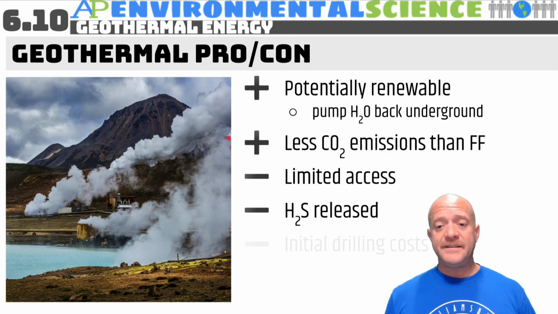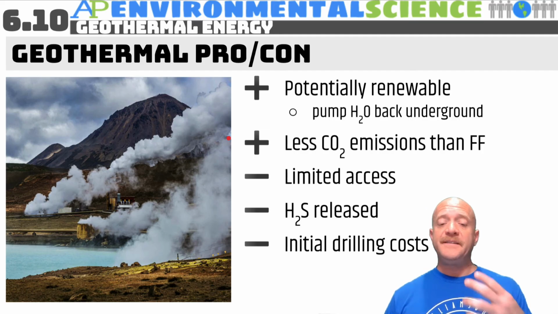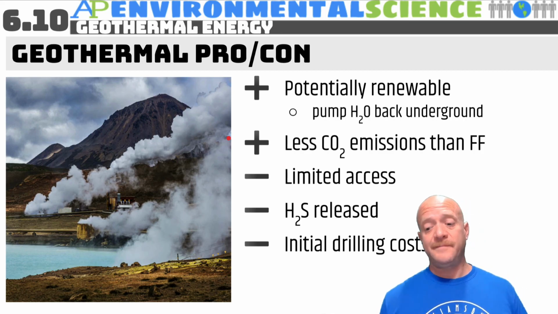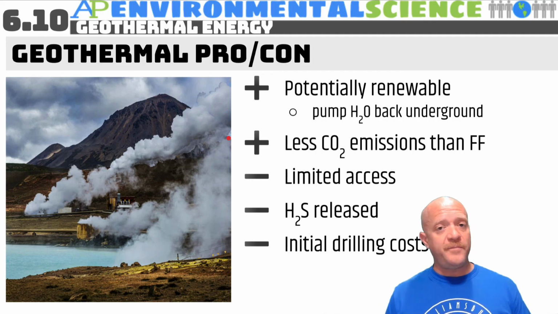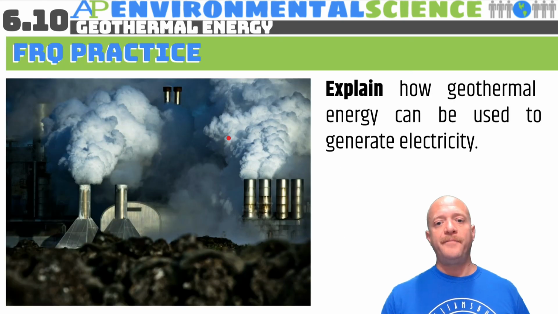It is an irritant. It is also initially expensive to drill these deep holes in order to generate electricity from a geothermal source. So geothermal is only present in part of the world, and that is one of the biggest drawbacks to why we cannot have geothermal everywhere.